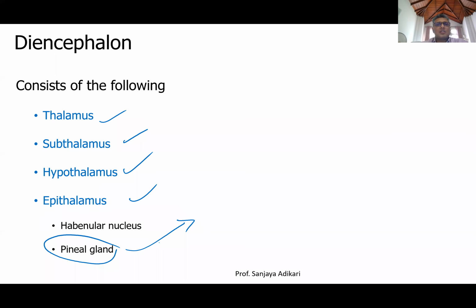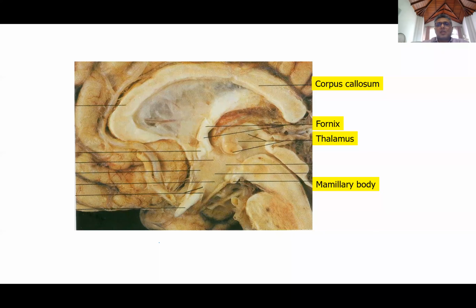Now, this is an enlarged view of the sagittal section of the brain. If you cut the brain in the middle, you get this section, which you have seen before. If you enlarge it, you see the corpus callosum here, which you have studied before, with all its parts: splenium, body, genu, and rostrum.